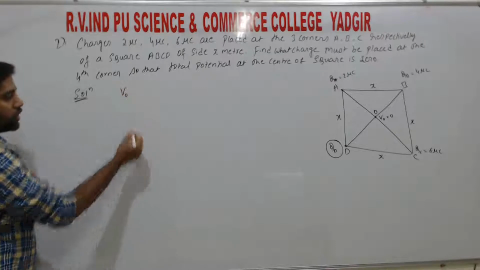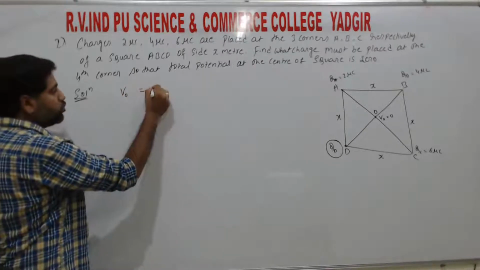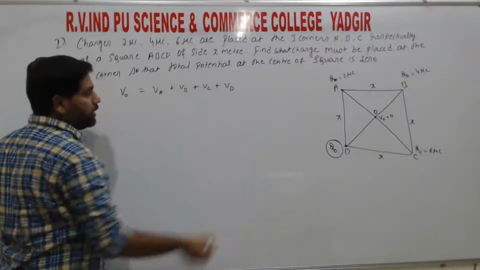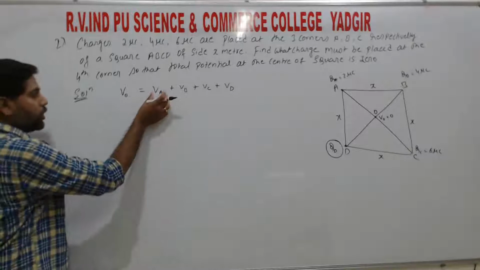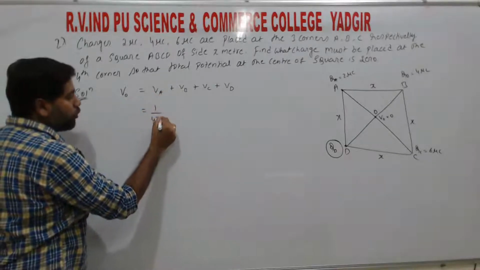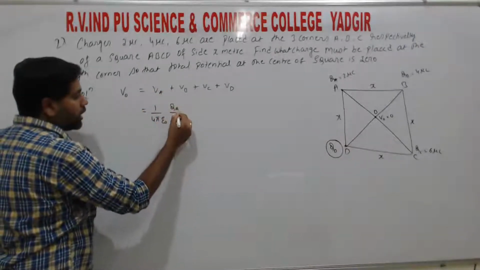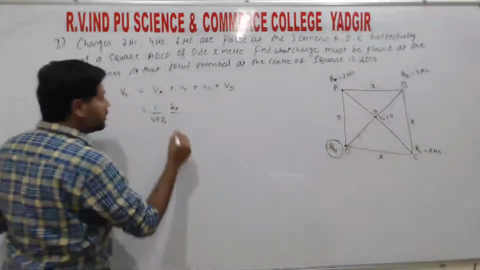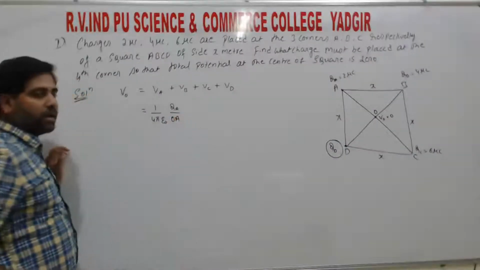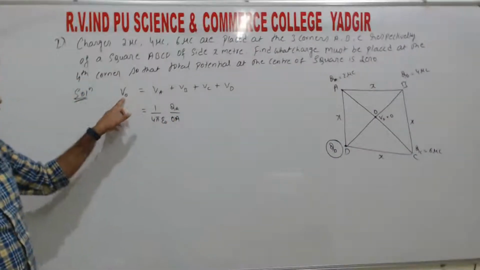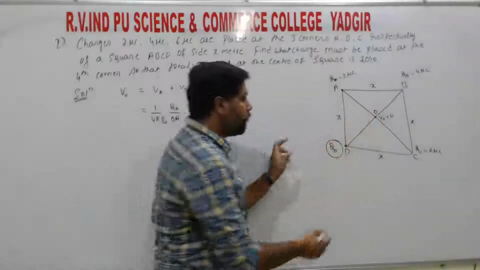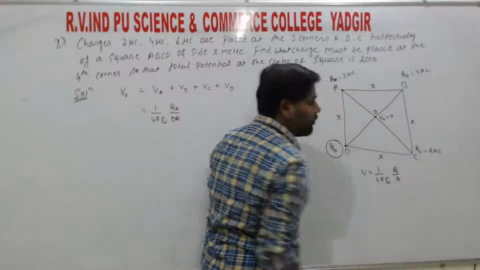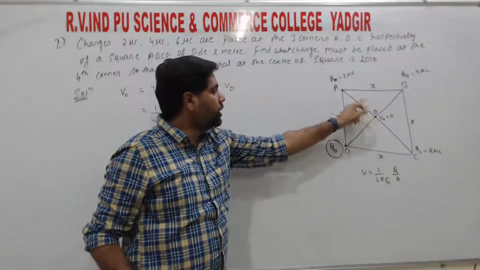We know the formula for the potential VA: 1 by 4 pi epsilon naught, QA divided by the distance from O to A, that is OA, because we are finding the potential at O. The formula is V equals 1 by 4 pi epsilon naught Q divided by R, where R is the distance from the point to the charge.